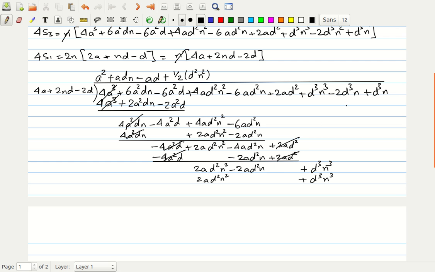We have d cube n square somewhere, yes, this one is d cube n square actually. So we have minus 2 d cube n square, and we have minus d cube n square.